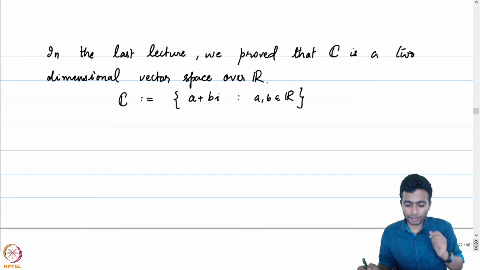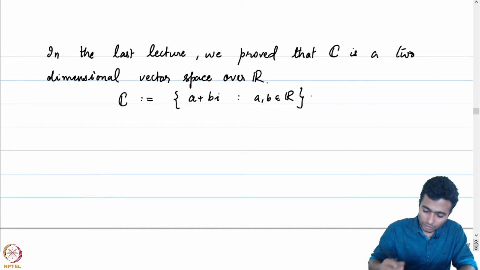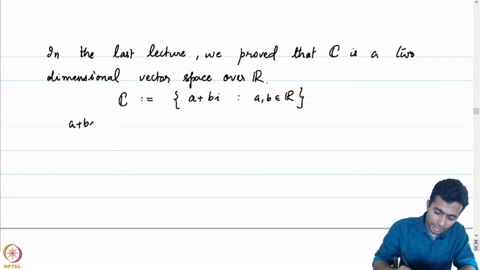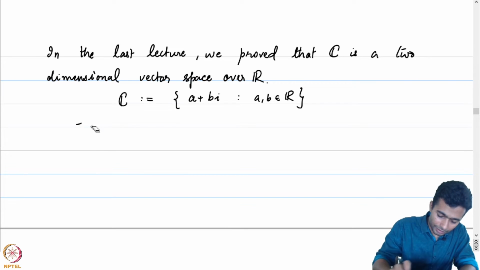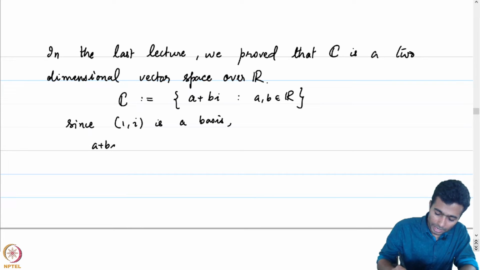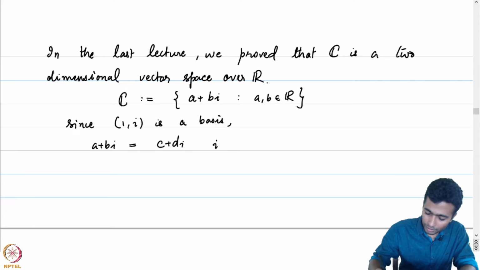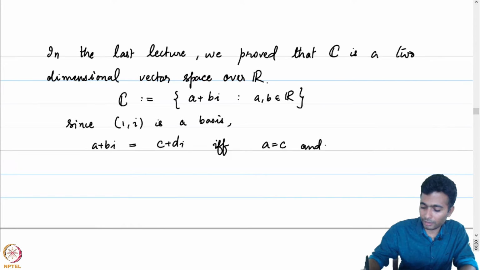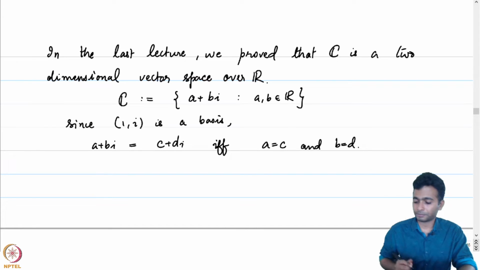That is going to imply that, since 1 comma i is a basis, a plus bi is equal to c plus di if and only if a is equal to c and b is equal to d.